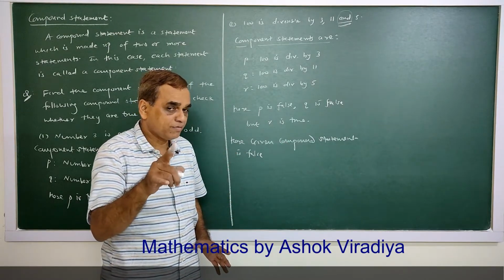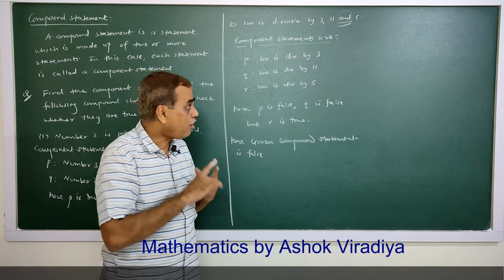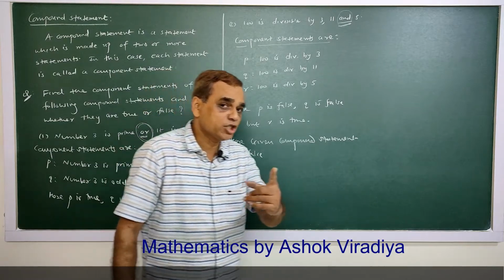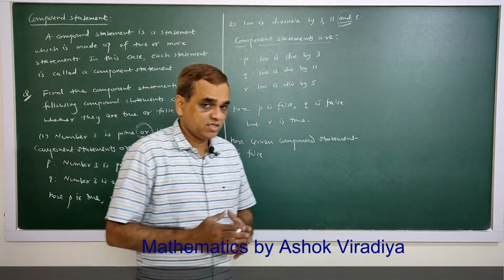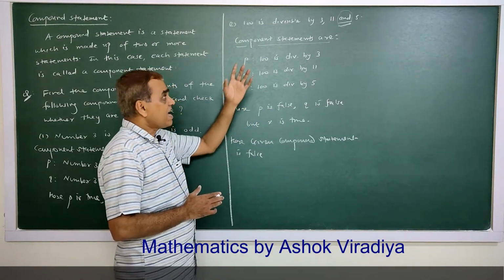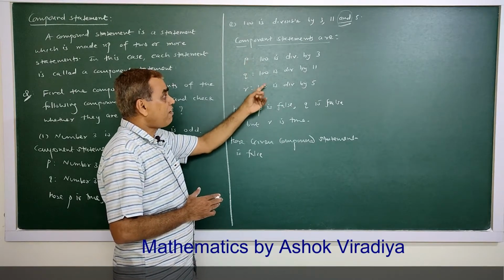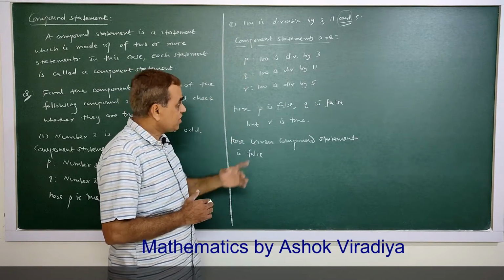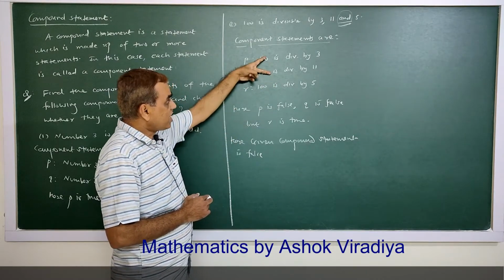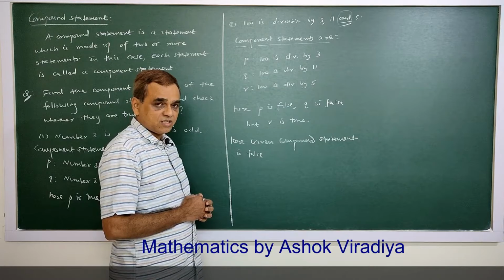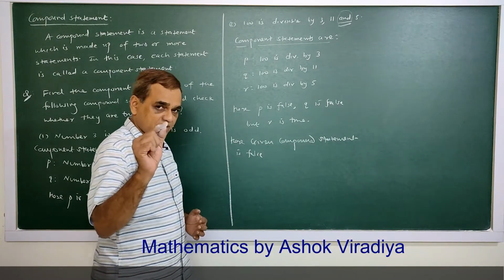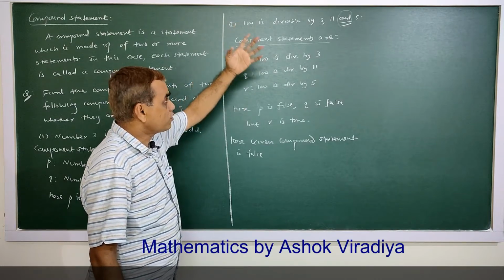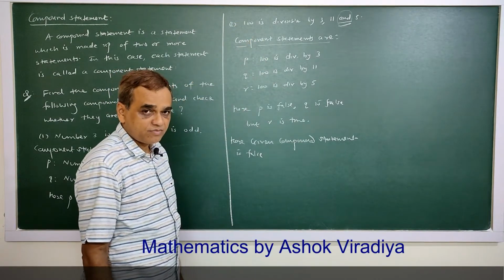So remember, if all component statements are true, then and only then the compound statement is true. But if any one component statement is false and others are true, say this is true and these are false, if at least one component statement is false, then the compound statement is false.